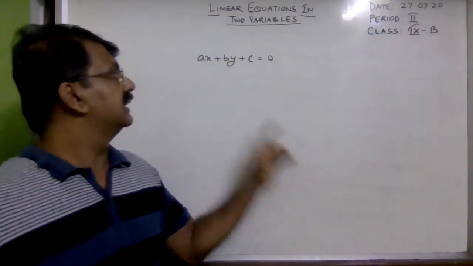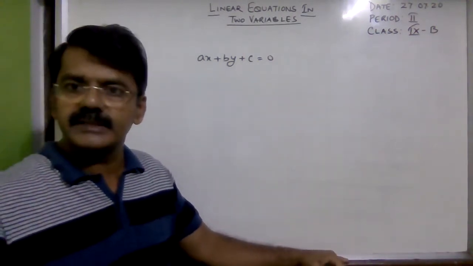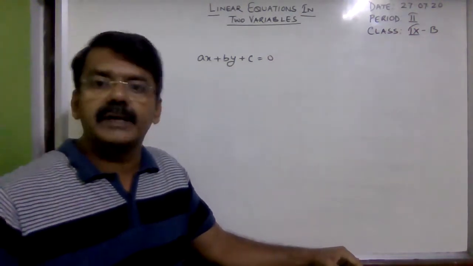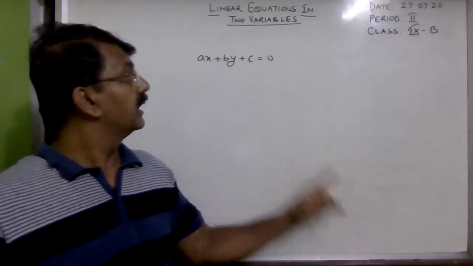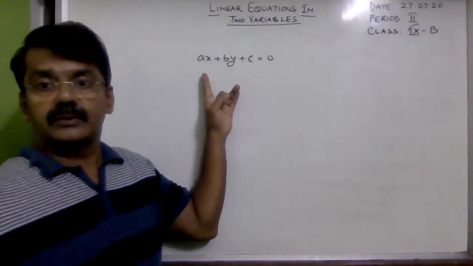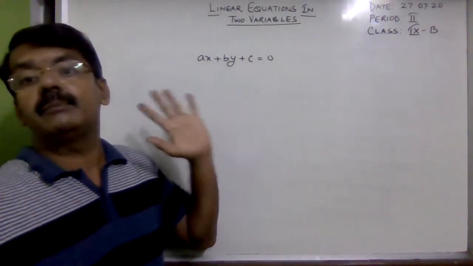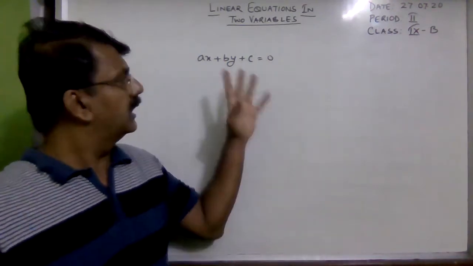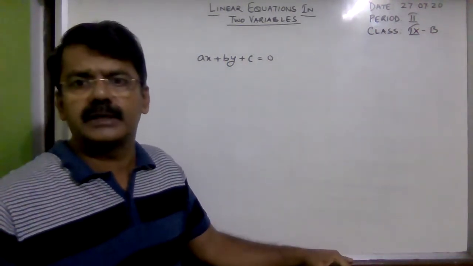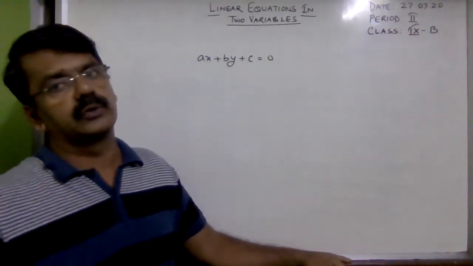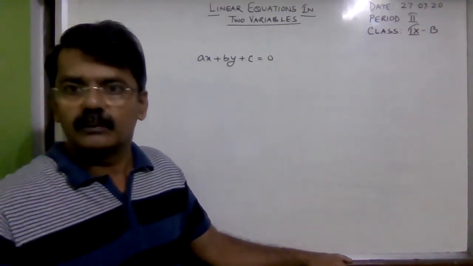A, B, C should be real numbers, and A and B both should not be equal to 0. A can be equal to 0 or B can be equal to 0, but both A and B cannot be equal to 0. Although C can also be equal to 0, but the main thing is A and B both should not be equal to 0.